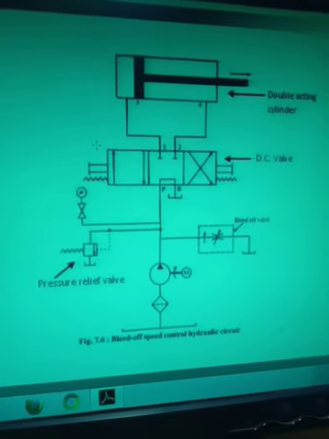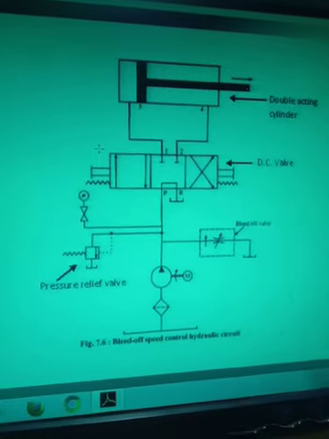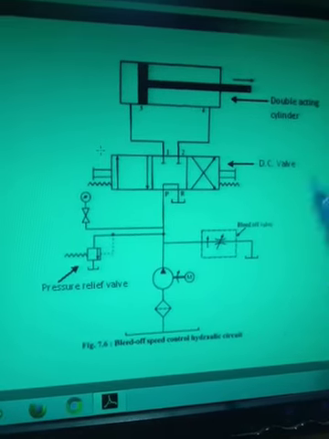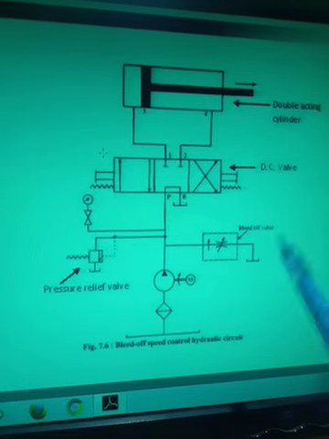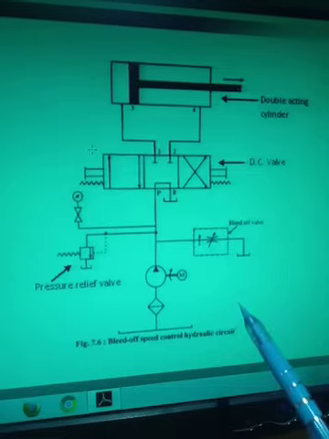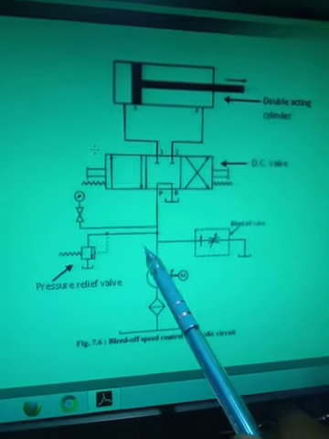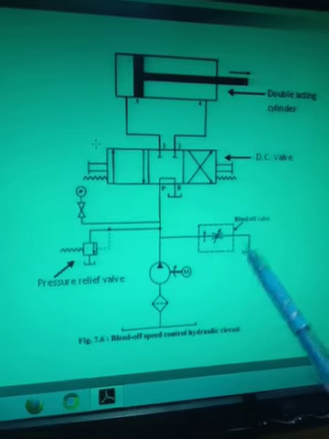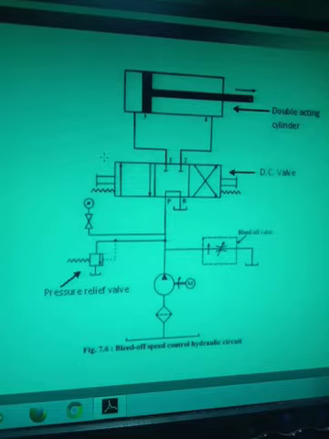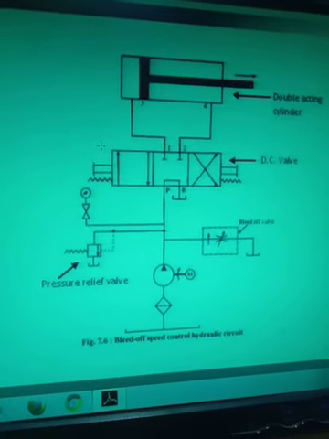Second we saw the meter-out hydraulic circuit. In that, we provided the pressure compensated flow control valve with integral check valve at the outlet. And third, the bleed-off hydraulic circuit. Here we have provided a simple flow control valve at the pressure line of the hydraulic pump. I hope you understand these three hydraulic circuits, which are known as flow control hydraulic circuits.